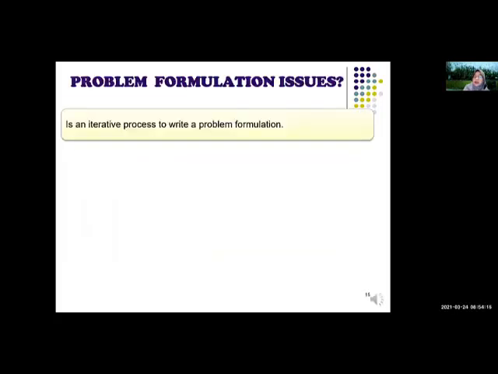Writing a problem formulation is an iterative process. You cannot get a good issue or a good problem formulation in just one, two or three tries. It might be more than ten.